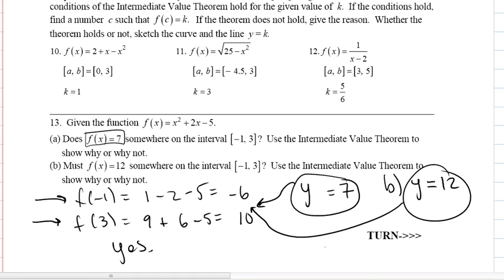So for part B, the intermediate value theorem fails.